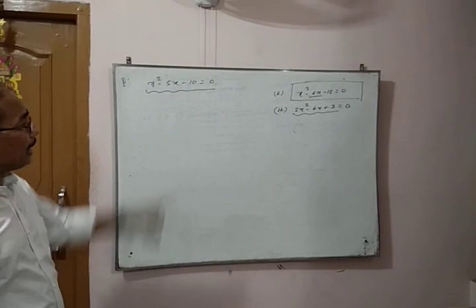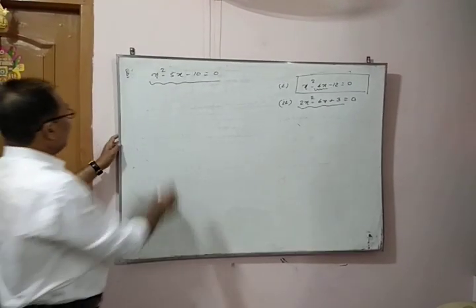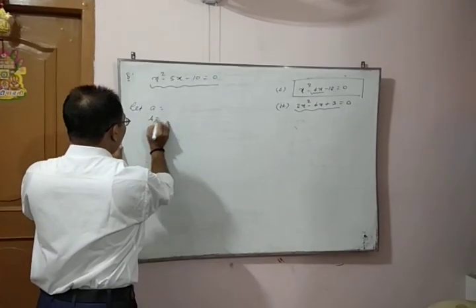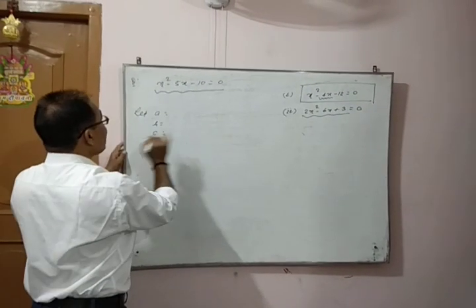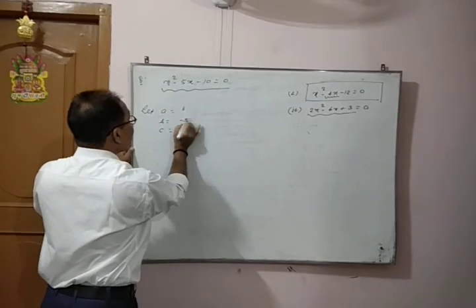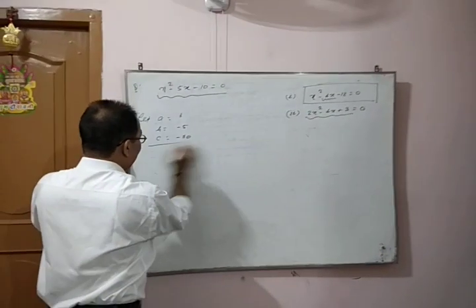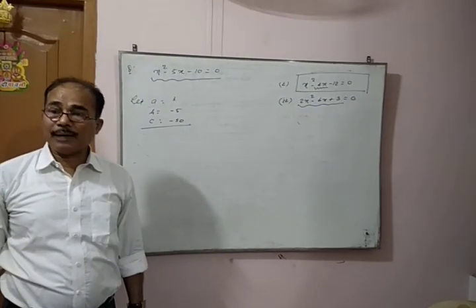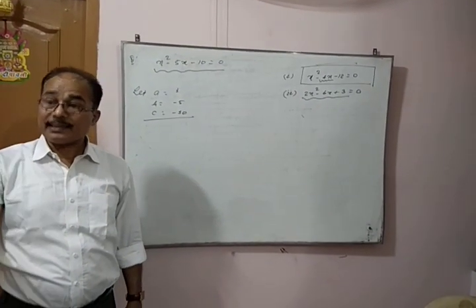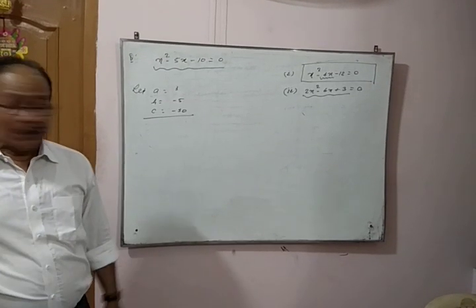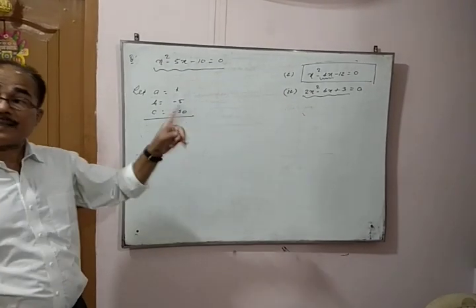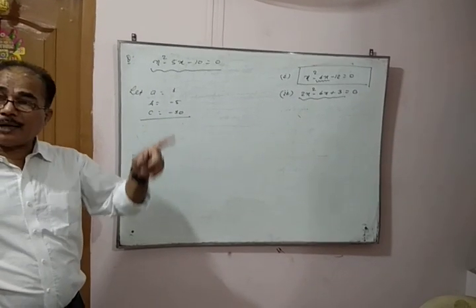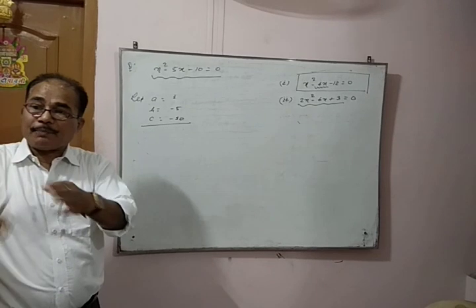Then what will you do? You will have to follow the same process. Let a equal to, b equal to, and c equal to. In this question, a equal to 1, b equal to minus 5, c equal to minus 10. Mind it that you will not get the value of b square minus 4ac as a perfect square.